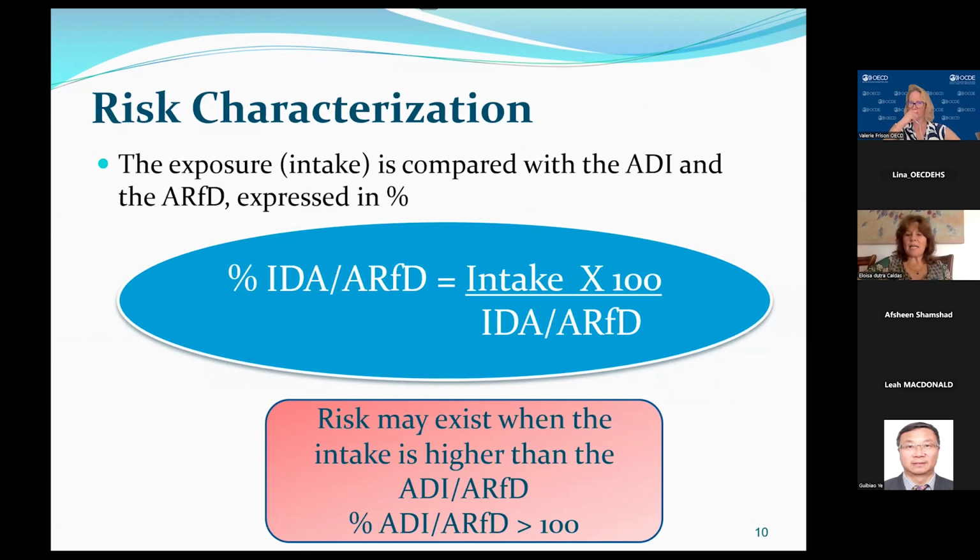So if the percentage is higher than 100, a health concern may exist. And we should say may, because there are a lot of uncertainties in toxicological evaluation and intake evaluation. So basically, if the intake is higher than what was supposed to be safe, then a health concern may exist. Next slide, please.